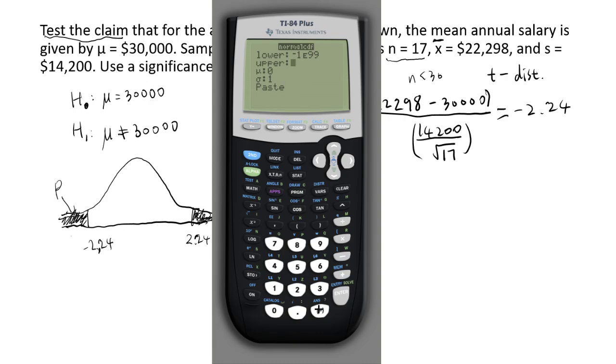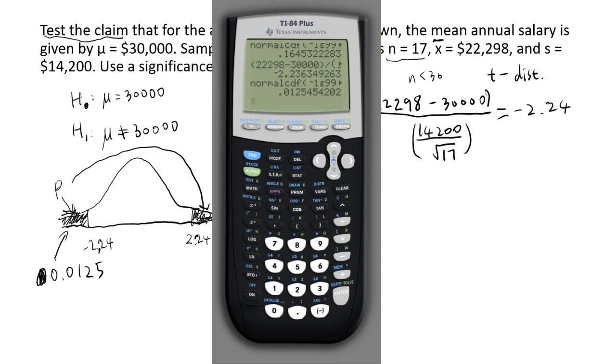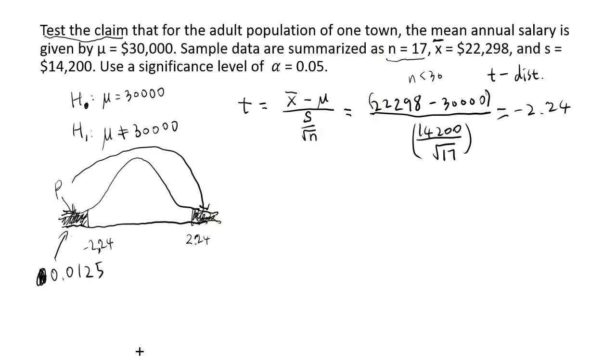Put negative 2.24, and that gives you 0.0125.